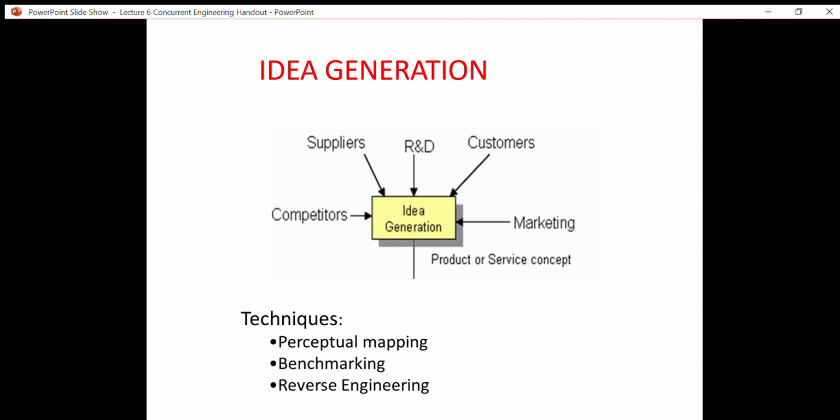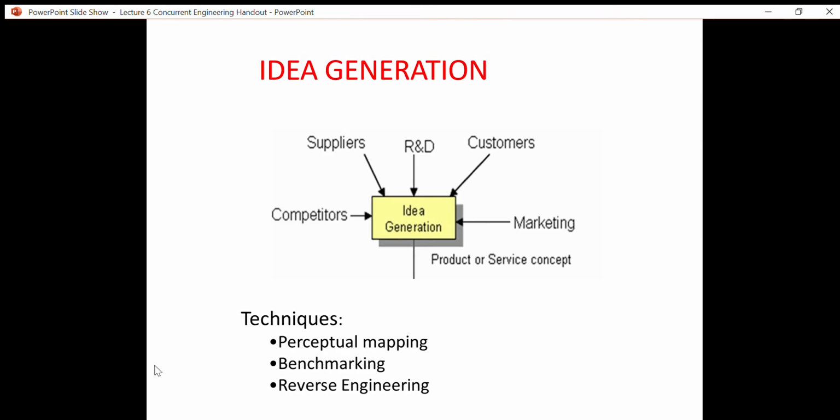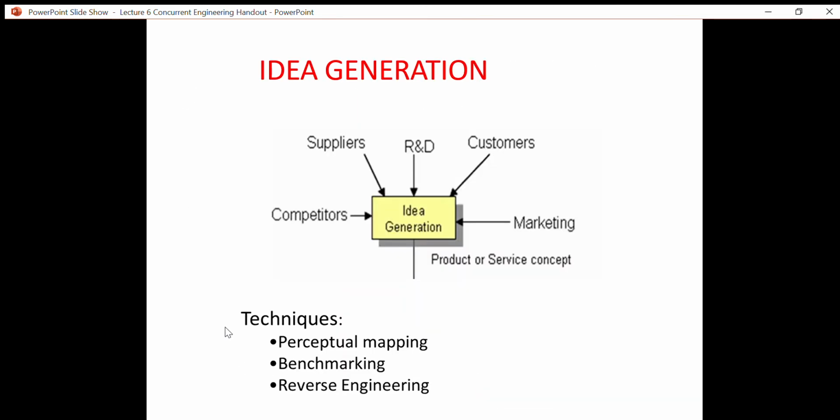I want to turn on my marker here. Wait, I want to find out how to. Never mind, I cannot find out how to use the marker this time, but I will point with the mouse here.